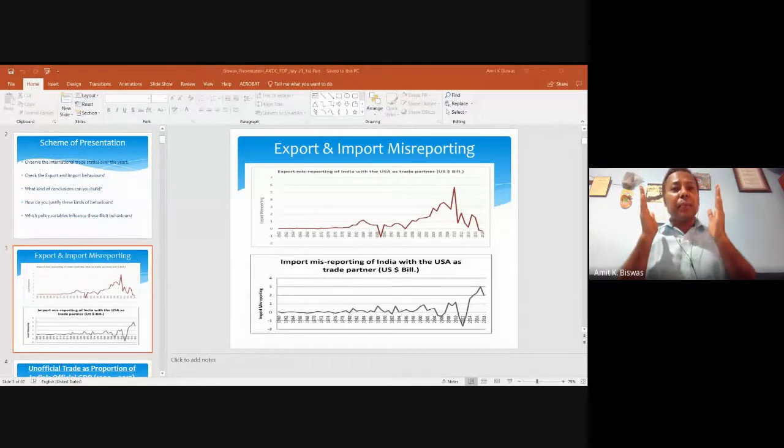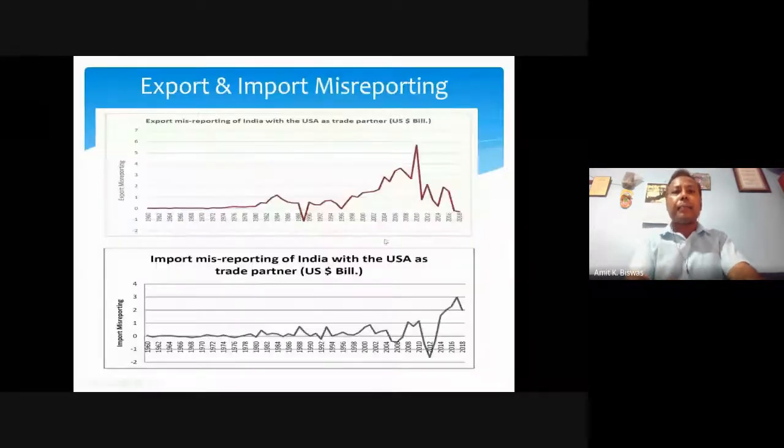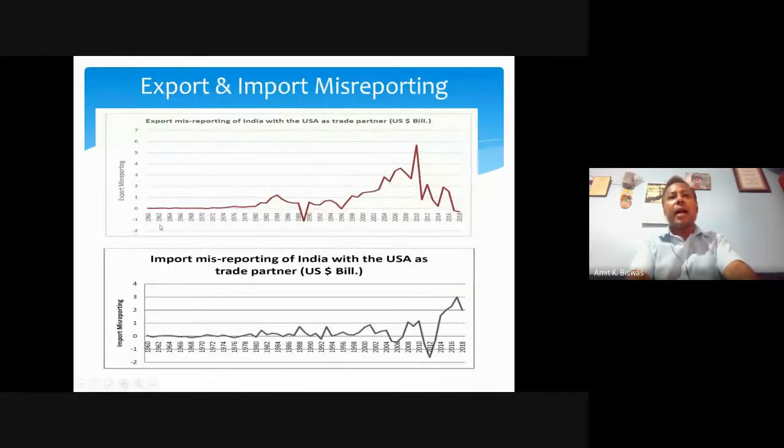so far as the Indian trade data is concerned, be it export, be it import, they are not equal. They are not identical at all. And on your screen, you could see the level of differences. In the top panel of your diagram, you see this data is right from 1960 to 2018.